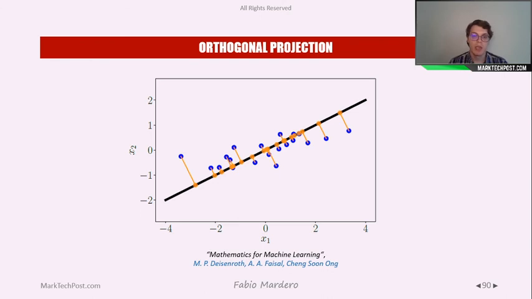Last example, here we see several points, several vectors projected onto a linear subspace, an axis.